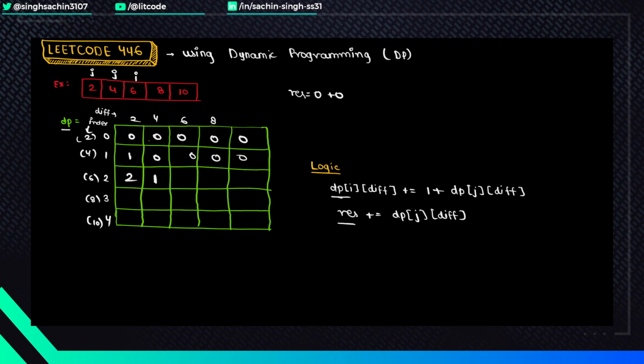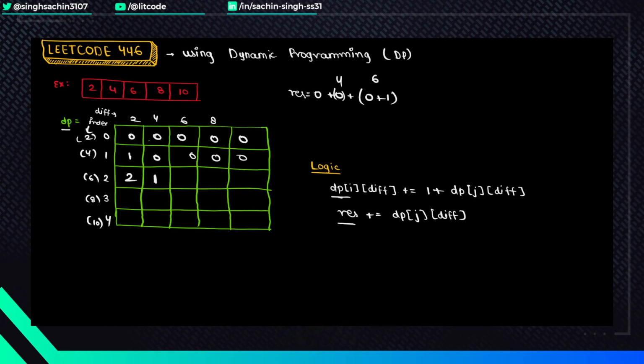Now we have exhausted all the elements prior to it. We will again move this. Also for this, what will be the answer for the first element? Let's keep it like this. This was for the 4, and dp[j][diff] was 0 plus 1.